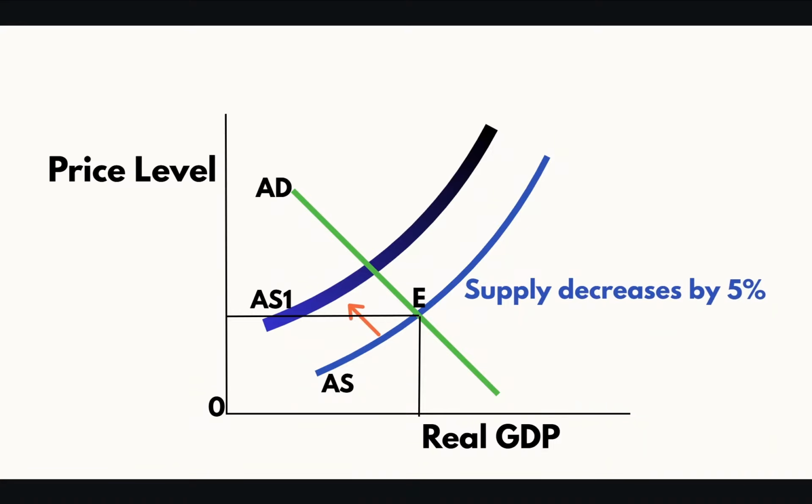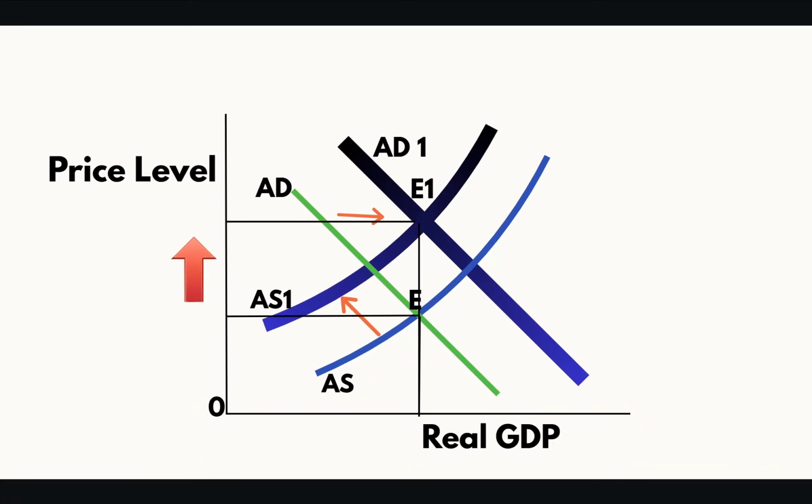And the other one is supply decreasing by 5%, shifting AS to AS1, so a left shift, a decrease in supply. And when we put the two together, you will see that this causes the price level to increase and our new equilibrium point to be at E1, not E anymore, but E1, and that's inflation.